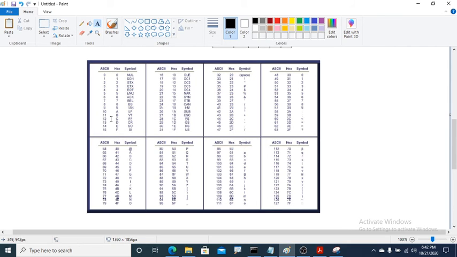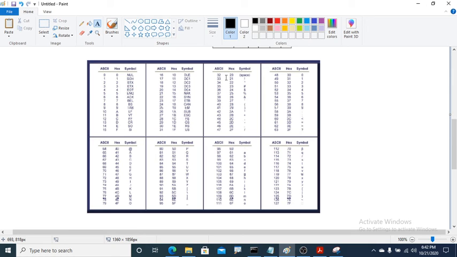Now from 0 up to 127, the ASCII characters cover each and every character, from small alphabets, capital alphabets, to some escape sequences. Some space also has an ASCII character, 32, like this.